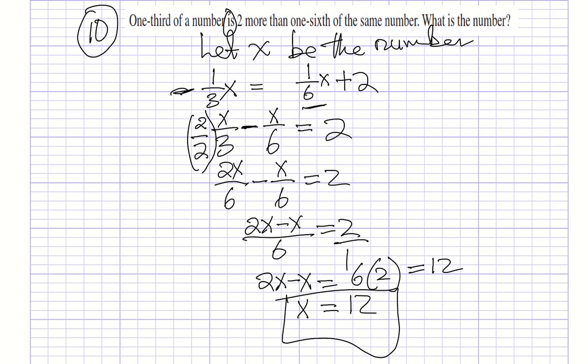How do you prove that? Well, I can show you that it's 12 because we can go back. Let's go back. I'm going to use a red pen. Let's go back over what it says. It says let x be the number. 1/3 of a number is 2.